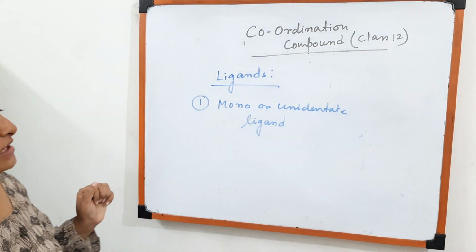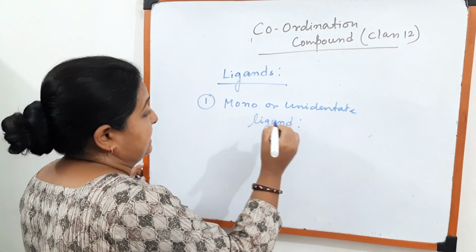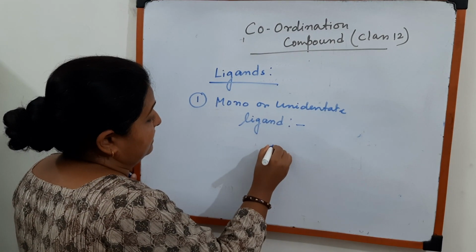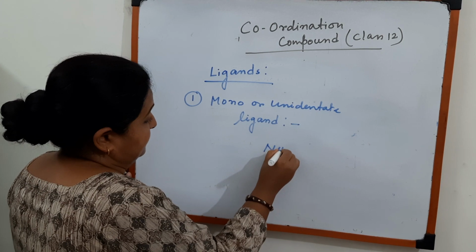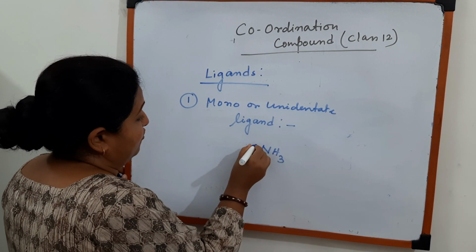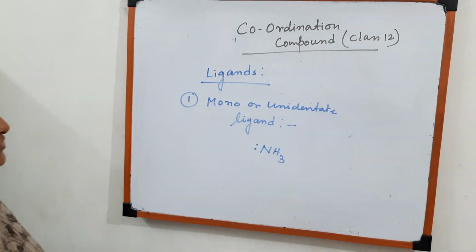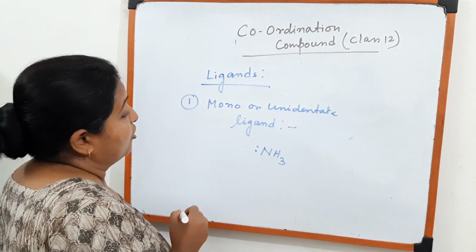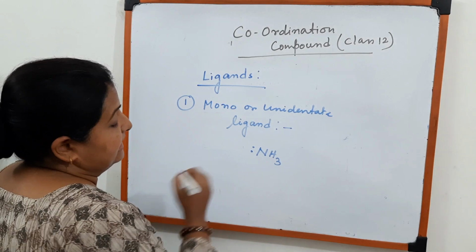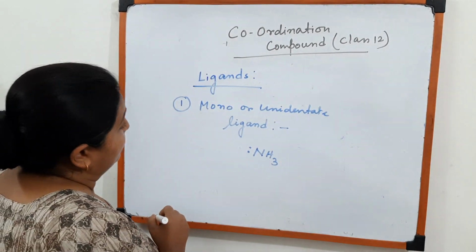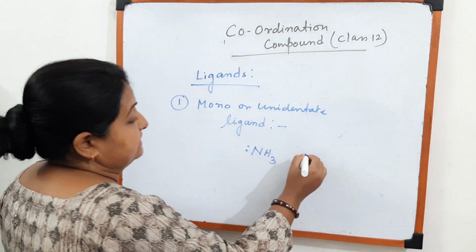That means there is only presence of one donating site. That is, only one element can make from one site. So only one donating site is present, that is known as monodentate or unidentate ligand, like ammonia. That is a monodentate or unidentate ligand.